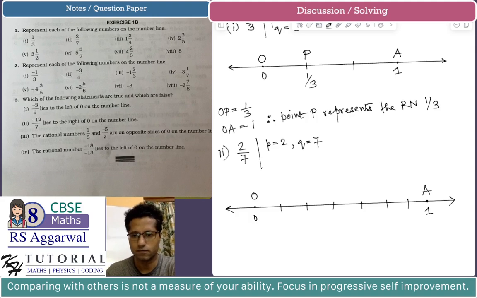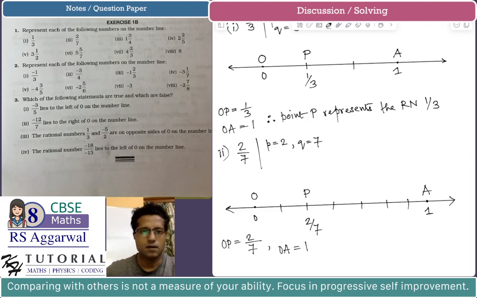If you mark that point, this will be the point P, and hence this will be 2/7. So the distance OP will be 2/7, and of course OA is equal to 1.